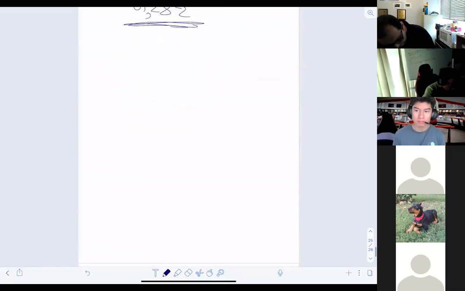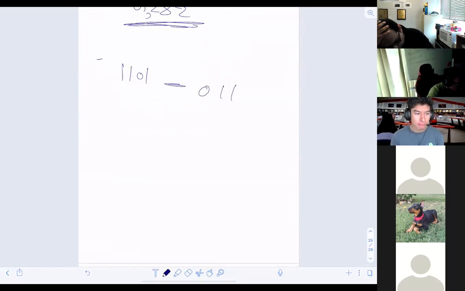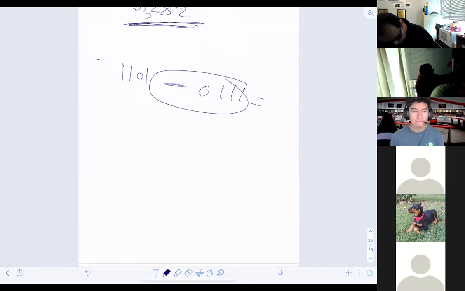Somebody give me two numbers in binary that need to be subtracted. Let's try something simple, like 1011 subtracted from 0111. Okay. So now this has to be what? 2's complement, right?